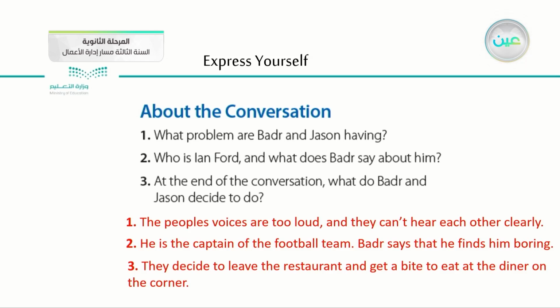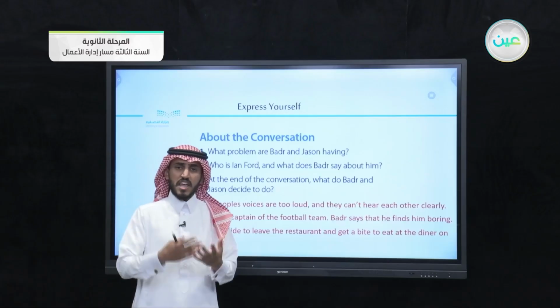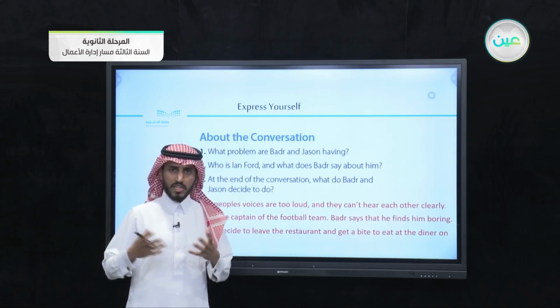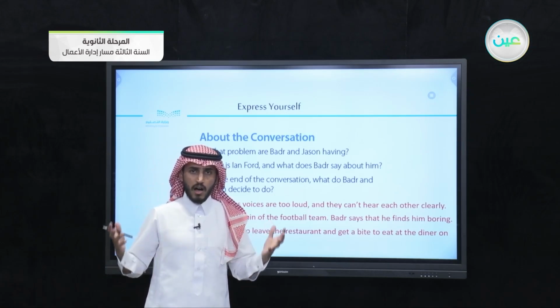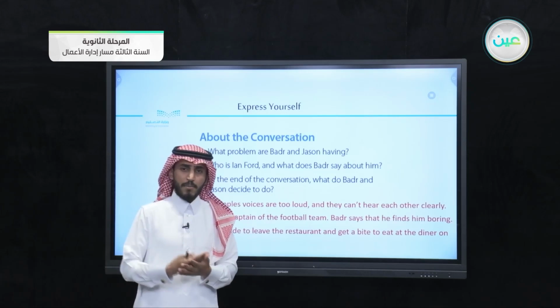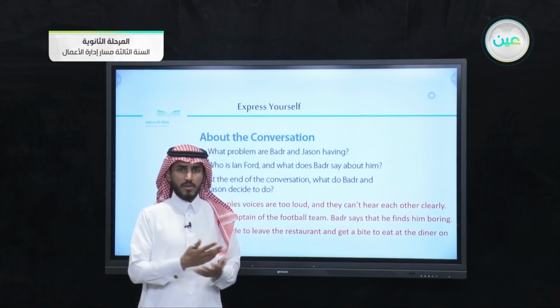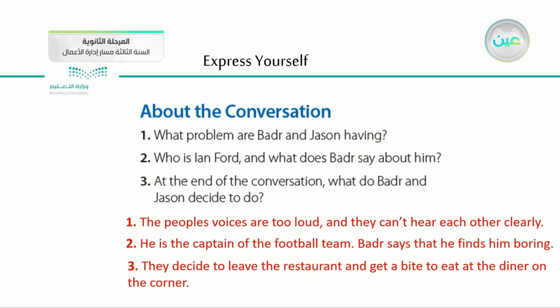What's the meaning of get a bite? The phrase get a bite means they eat something. It doesn't have to be a large meal. When we say a bite, that refers to a snack or a quick meal. So, get a bite, we're talking here about a snack or a quick or small meal at the diner.